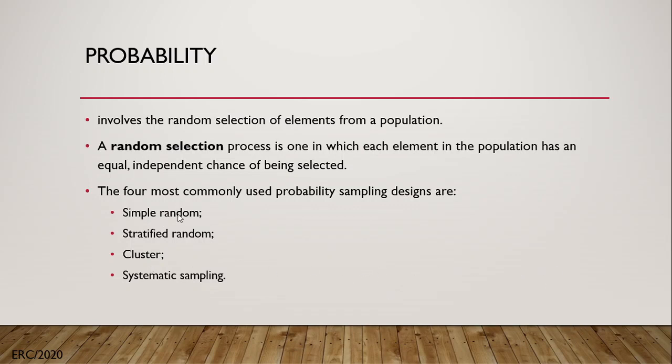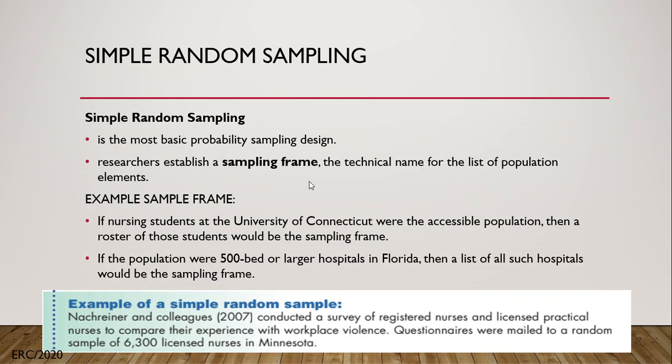Okay, so what are the four most commonly used probability sampling designs? We have the simple random, the stratified random, the cluster, and the systematic sampling. Simple random sampling is the most basic probability sampling design. The researcher establishes a sampling frame, a technical name for the list of the population elements.